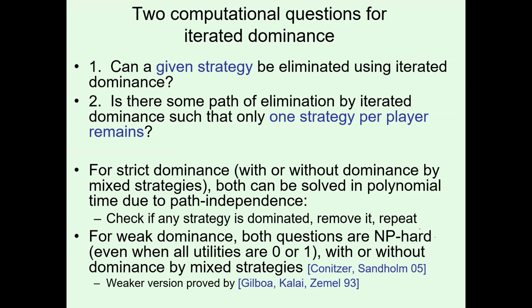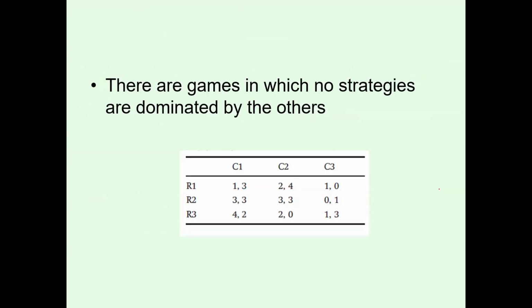But of course, there are some games in which no strategies are dominated by the others. So look at R1 and compare it to R2. Is there an instance where R1 dominates R2? Let's look at C1: R2. At C2: still R2. But at C3: R1.